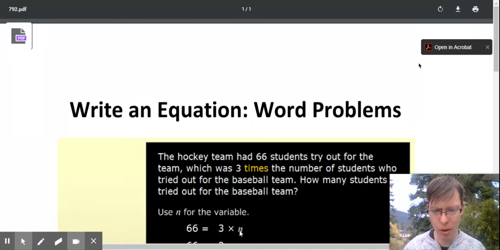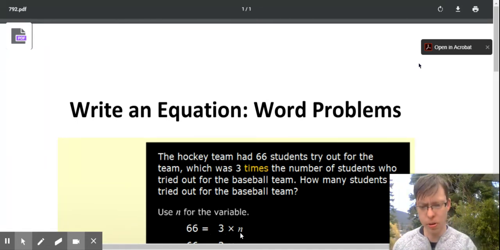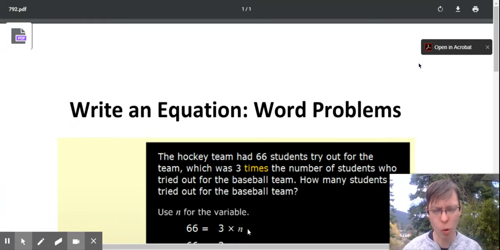The first step when solving for this is trying to get rid of this 3 times. Now we know that we can write 3 multiplied by n or n multiplied by 3. It doesn't matter what order that is. Regardless, this is a positive n and this is multiplied by 3.